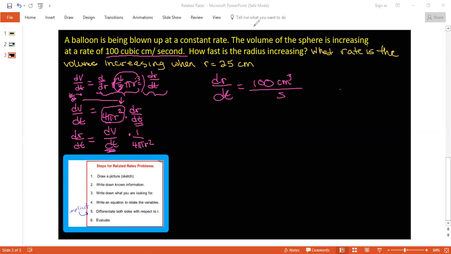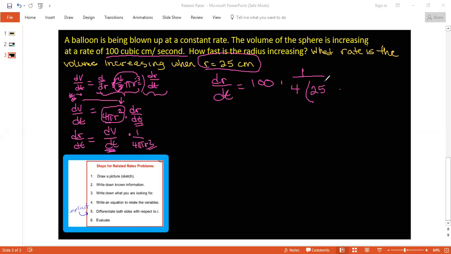Let's not do it like that. At the end, we'll put the units, but make sure you put the units at the end. 100 times 1/4, and then we're going to substitute r, we know it now, because r is equal to 25.